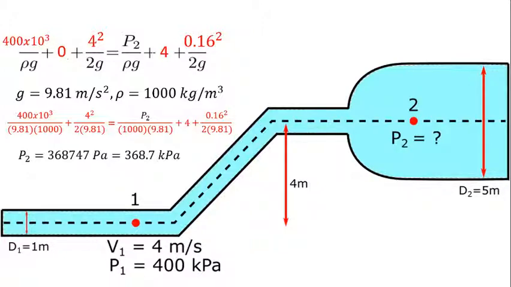Upon calculating the value, we see that the pressure at location 2 is lower. This was probably to be expected, as a higher pressure would be required at 1 to move the water up 4 meters of height.